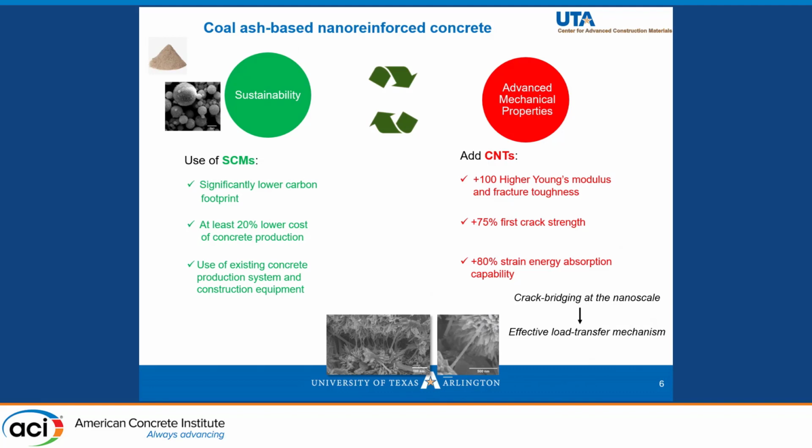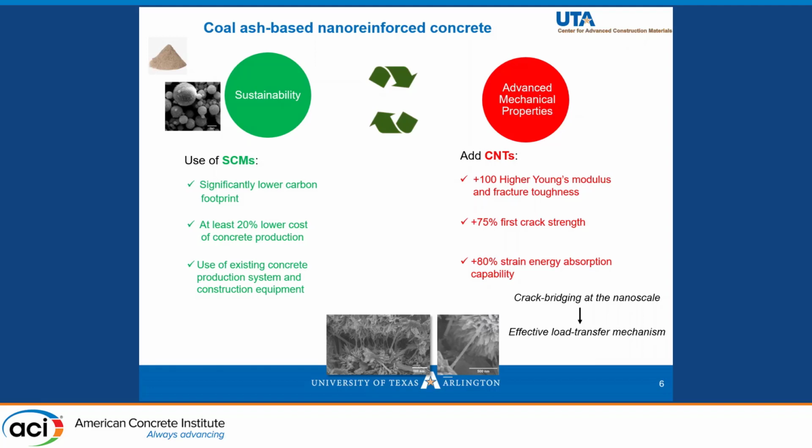As we already discussed, the substitution of cement with supplementary cementitious materials can significantly lower the carbon footprint of concrete. Also, if fly ash is effectively used in cementitious matrices, it can reduce the concrete production footprint by 20% and even more.